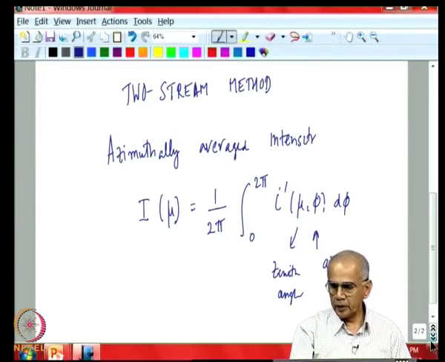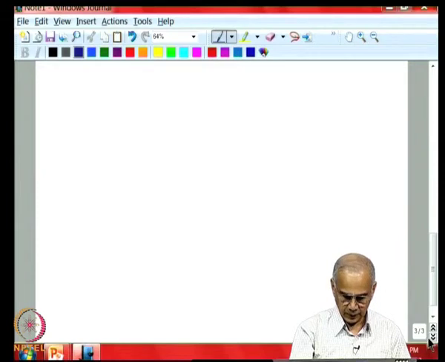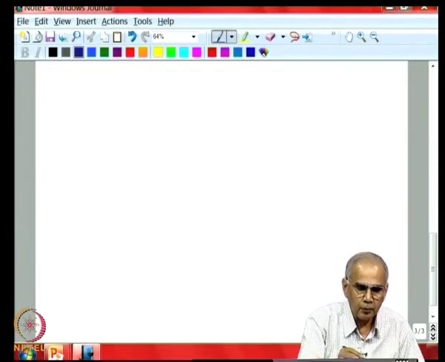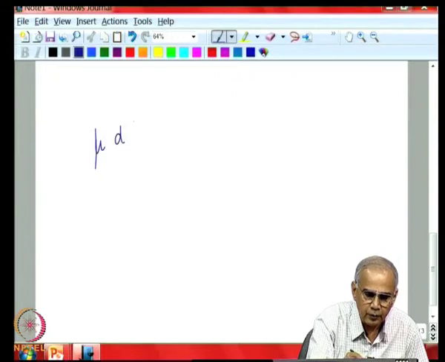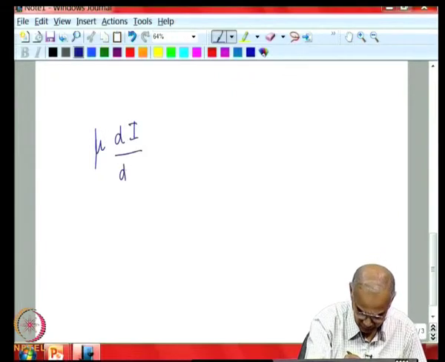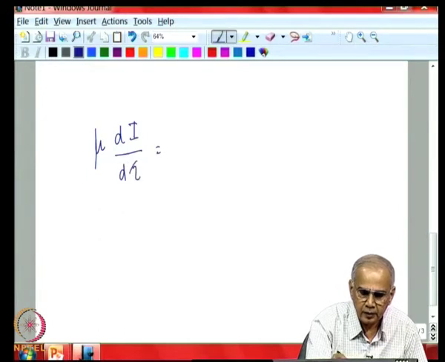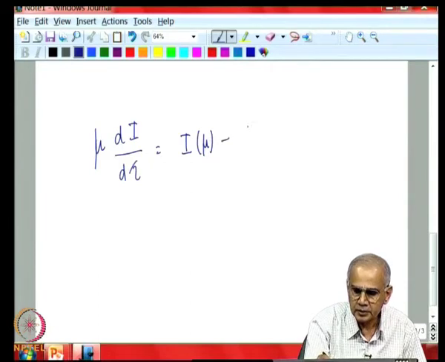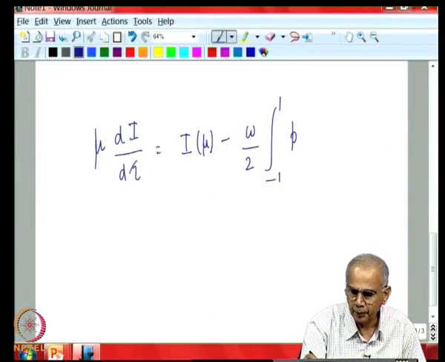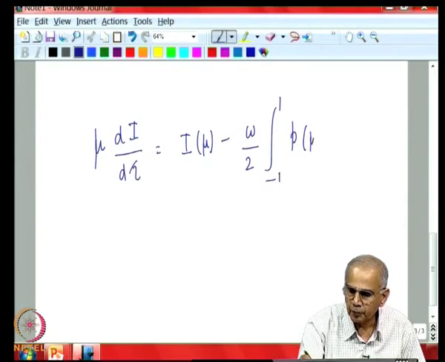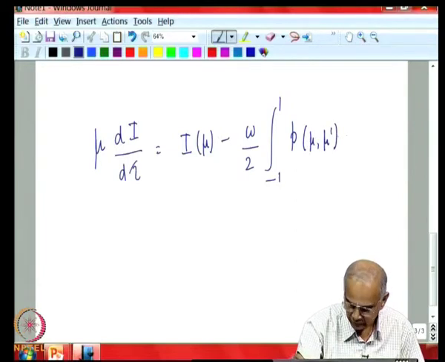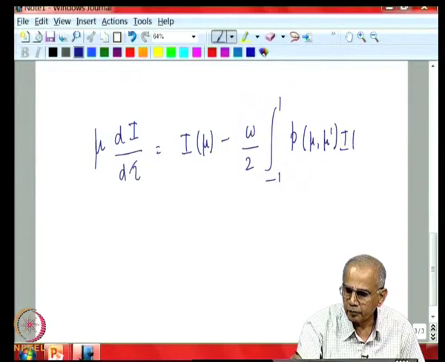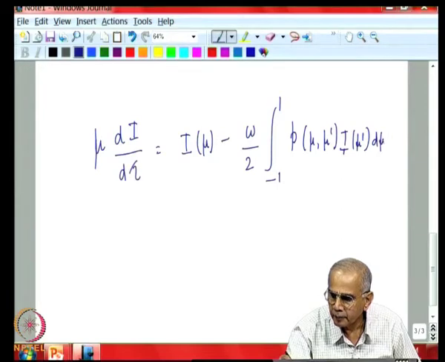Once you do that, the basic problem in scattering, neglecting emission, boils down to writing a simple equation: mu dI by d tau, where tau is the optical depth and I is now a function only of mu, not mu and phi, minus the single scattering albedo times the integral from minus 1 to plus 1 of the probability phase function, which depends on mu and mu prime, and I of mu prime d mu prime.